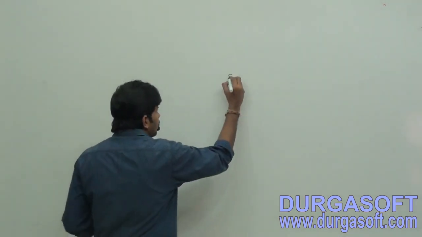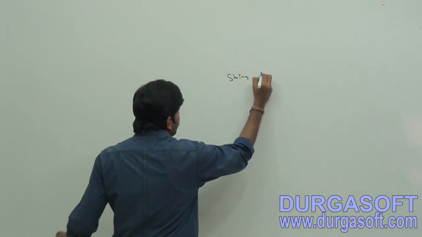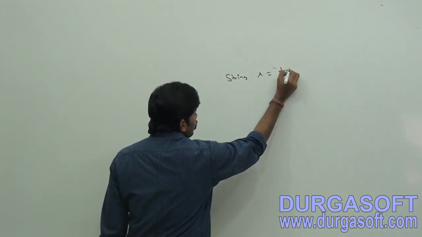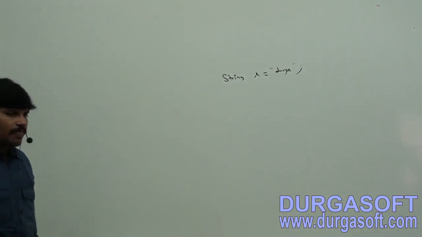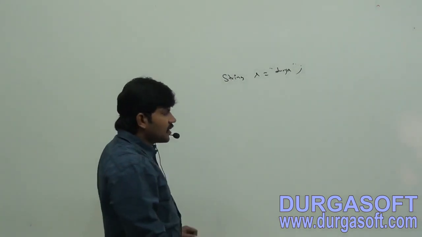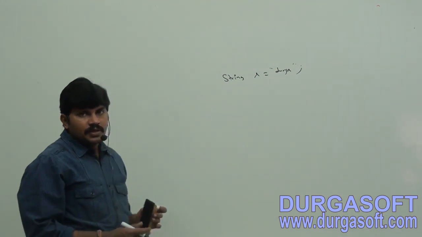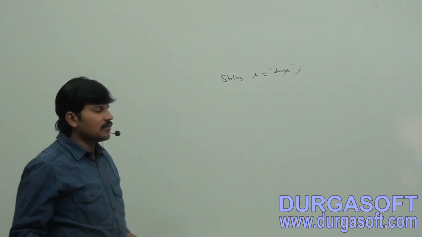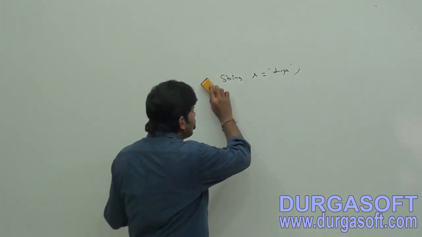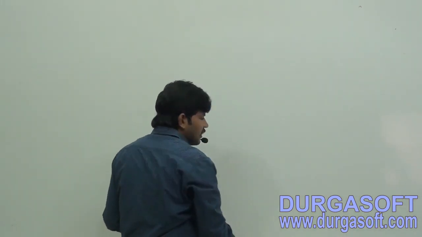Example: String s = "durga" within double quotes. Any sequence of characters within double quotes is treated as a string literal. That's all. So this is the literals concept.